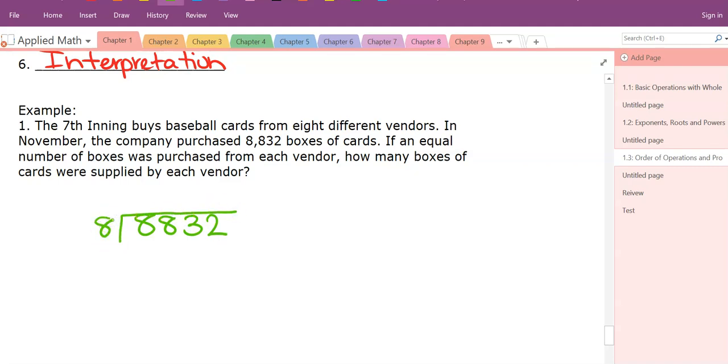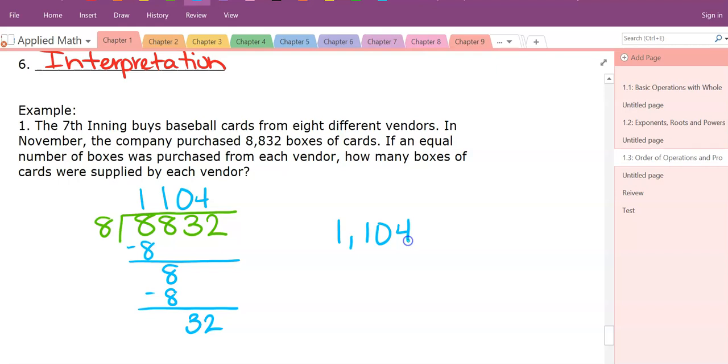So I'm just going to divide this by 8. 8 can go into itself one time. So that's going to happen twice. 8 can't go into 3, but it can go into 32 4 times. So this means that 1,104 boxes of cards came from each vendor.